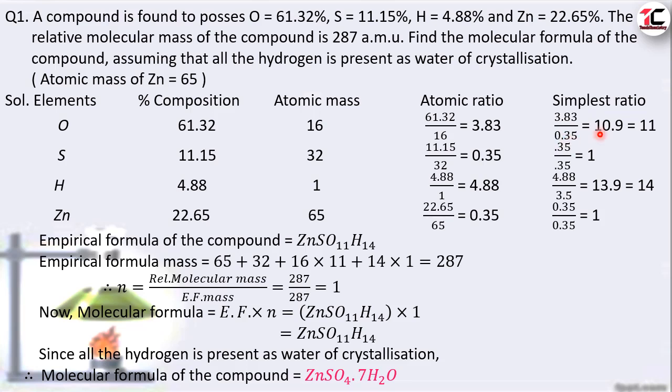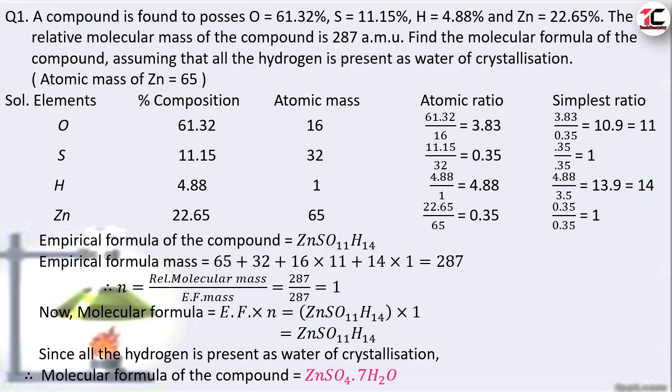We get 10.9. On rounding it is 11. Similarly for sulfur it is 1. For hydrogen it is 13.9. So on rounding it is 14. For zinc it is 1. So there are 11 atoms of oxygen, 1 atom of sulfur, 14 atoms of hydrogen and 1 atom of zinc.